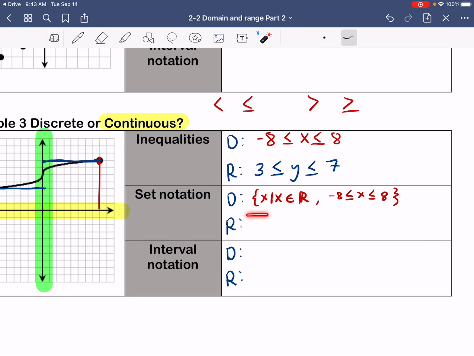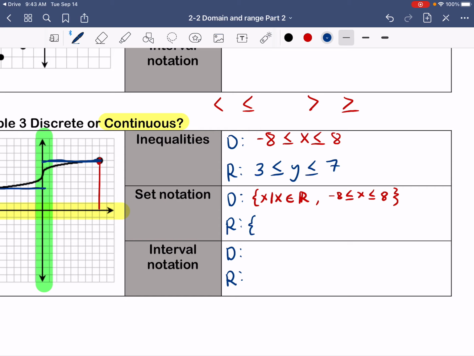That's what we call the set notation method. So basically this part means you're gonna write domain, and x is part of all real numbers, and the domain is this. That's what these things say, okay? And yes, I know it can be confusing, but that's what it is.